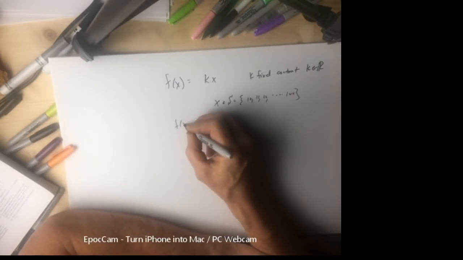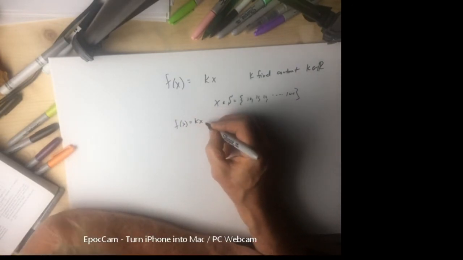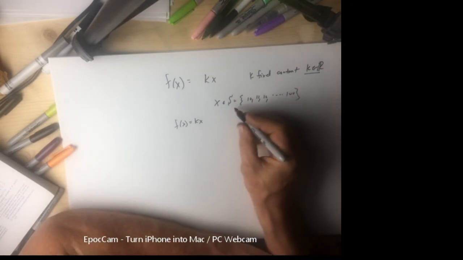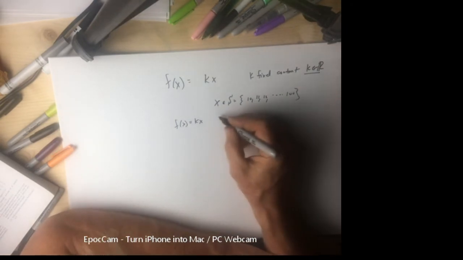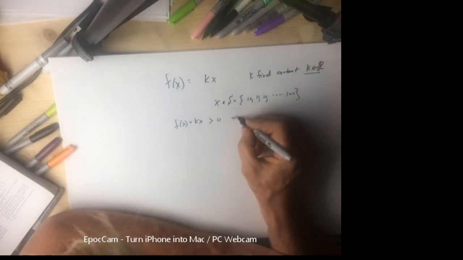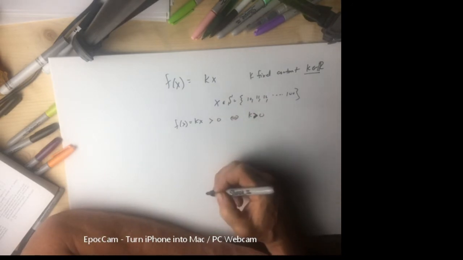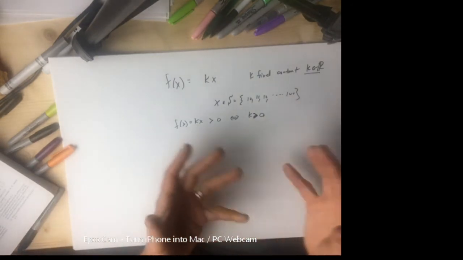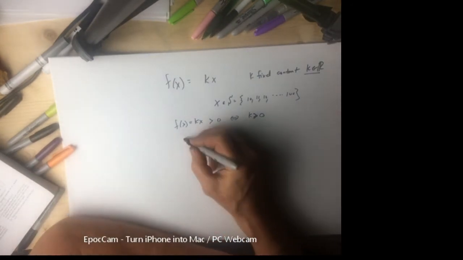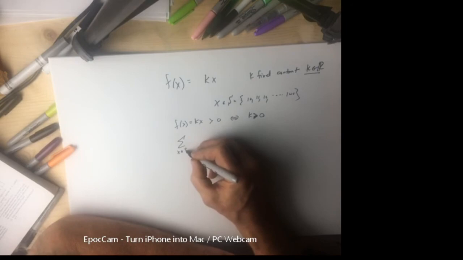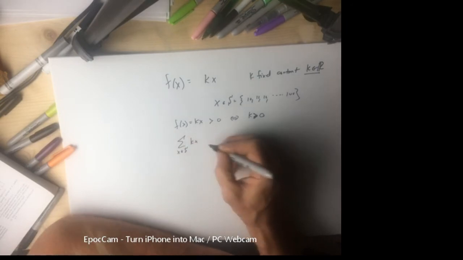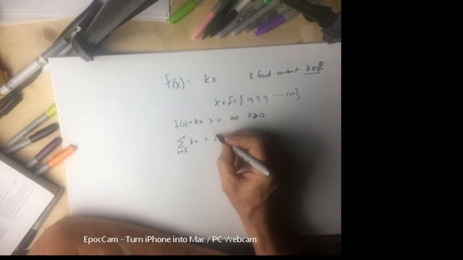So, f of x is kx, and k is a real number, and k times anything from 10 will be positive if and only if k is at least a positive number, right? But we still don't know it. How about the fact that if we add up all of these guys, we've got to get 1.